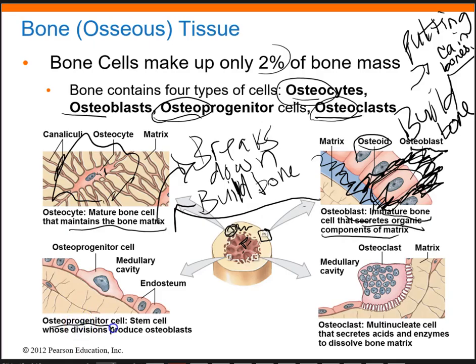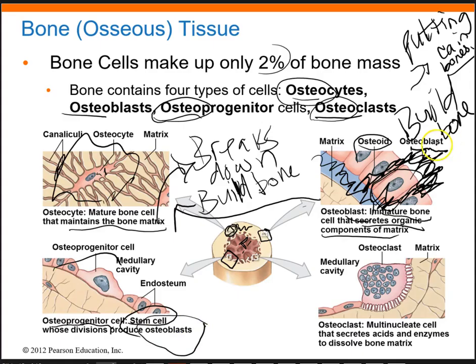Osteoprogenitor cells are also at the surface. In this case, we see it right here as part of the endosteum. Osteoprogenitor cells are stem cells. Stem cells are like reproduction cells. They reproduce all the time. They divide and divide and divide, and they give us new cells. So osteoprogenitor cells divide, and they give us osteoblasts.